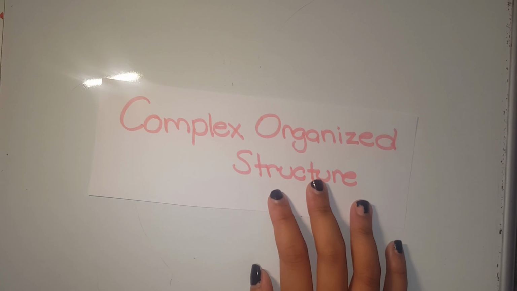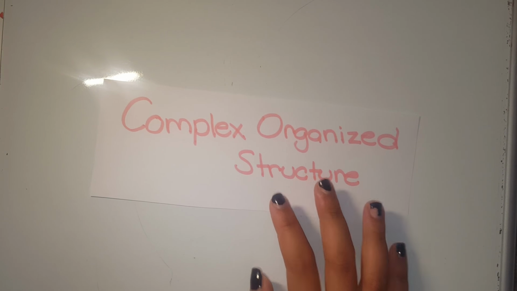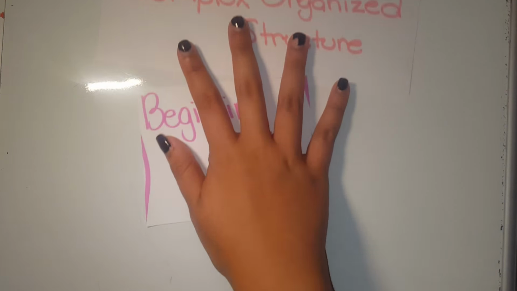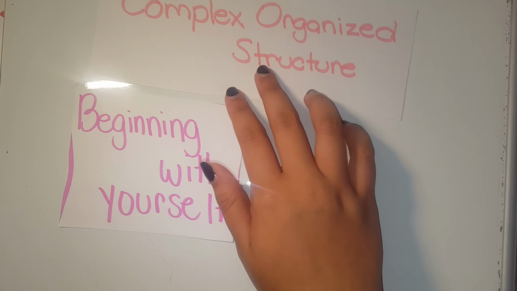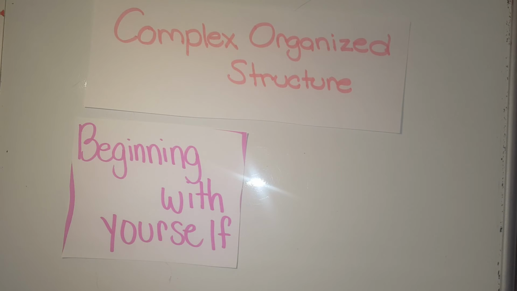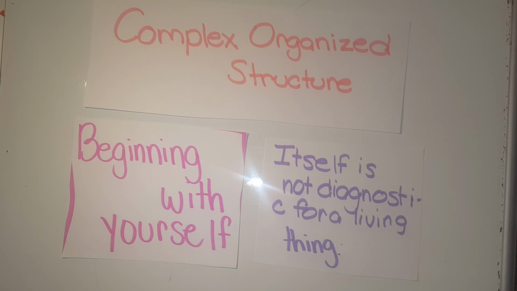Next, we have complex organized structure. Most of the plants and animals we routinely encounter demonstrate this feature well, beginning with yourself. Once again, this characteristic itself is not diagnostic for a living thing.